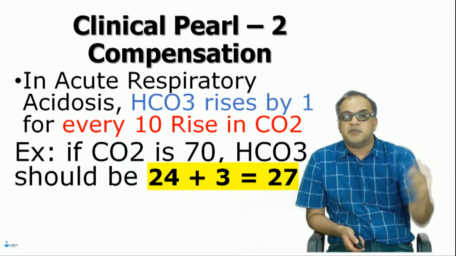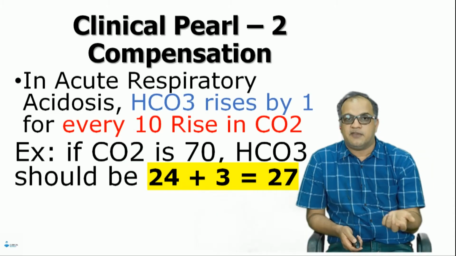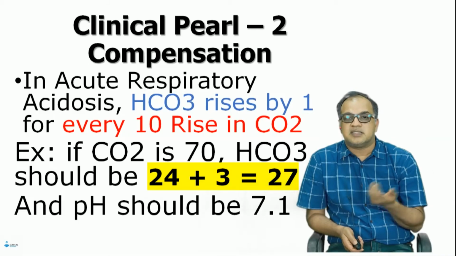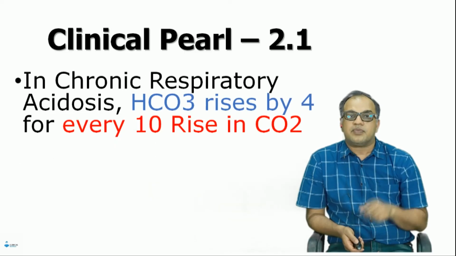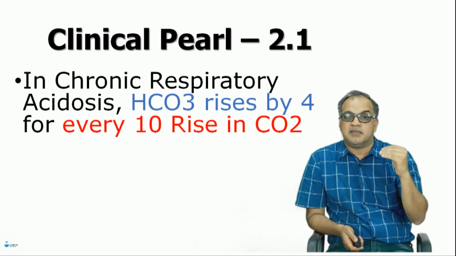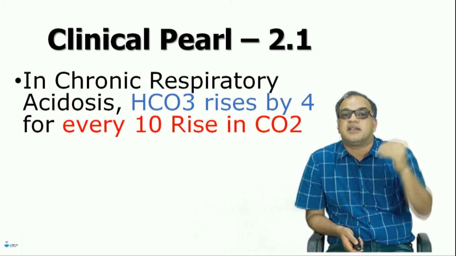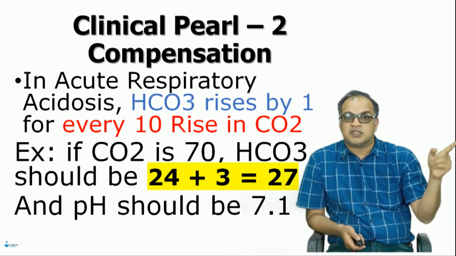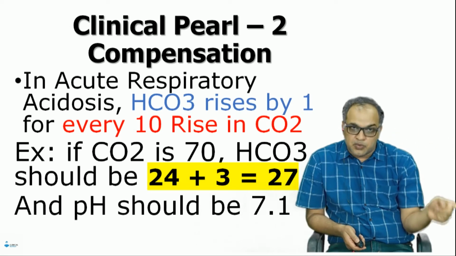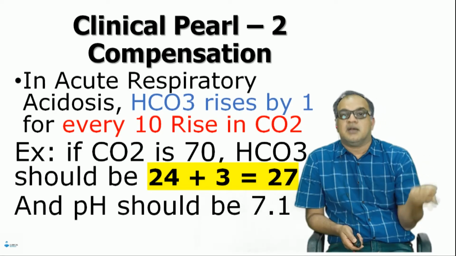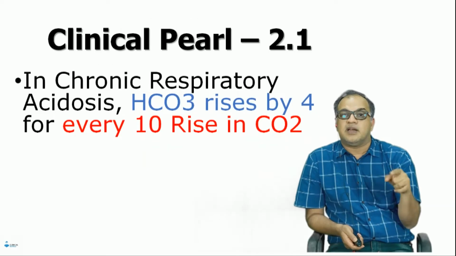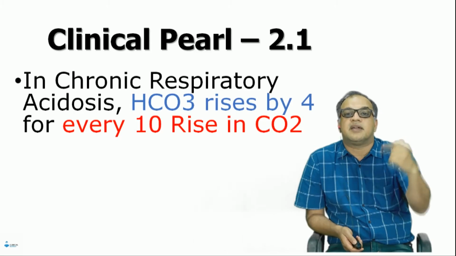While in chronic respiratory acidosis, if a person has COPD and can hold on to his increased CO2 for a while, then the bicarbonate will start rising by 4 for every 10 rise in CO2. Remember, it was rising by 1 in acute respiratory acidosis, but once the kidneys take over, it will rise by 4 for every 10 rise in CO2.